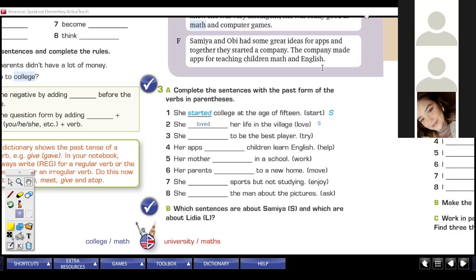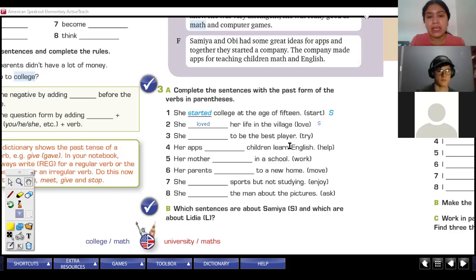Okay, guys, I've noticed that some of you pronounce the same way the letter V and the letter B, which is actually different. The letter B, of bubble, of but, you make with your lips. But the letter V, you place your teeth in front of your lower lip, like this.